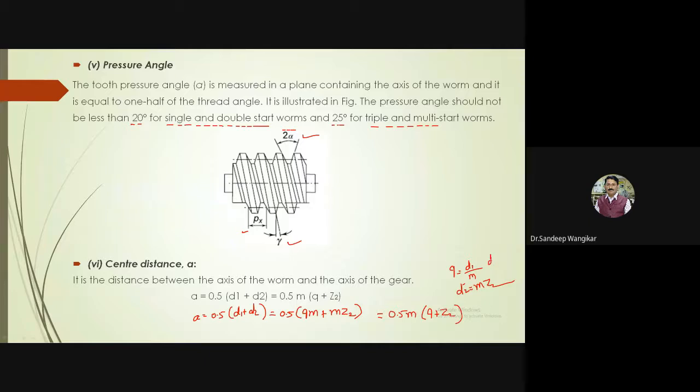The values are substituted, and you will get the center distance A is equal to 0.5 M into bracket Q plus Z2. I will highlight here A is equal to 0.5 M into Q plus Z2.